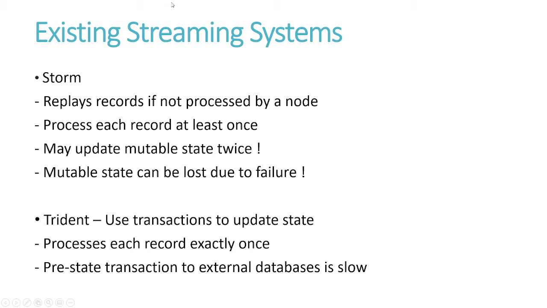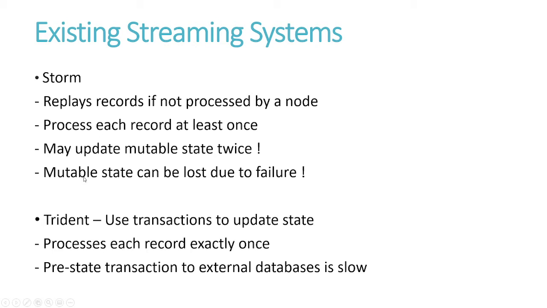That is the reason why people are moving towards Spark streaming. But what is Storm, you should also know: it is a streaming system previously used, and Trident is the one which is used for transactions. Most companies don't use Storm and Trident these days, as they are moving towards cloud, and we have Spark now, which is more powerful than Storm.